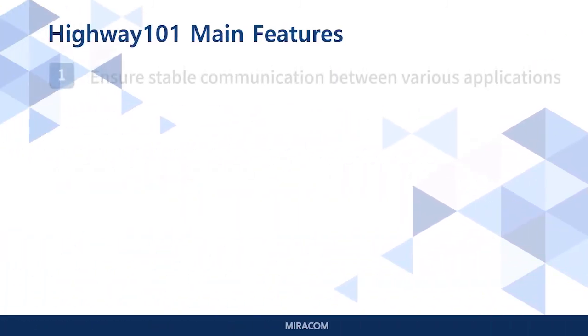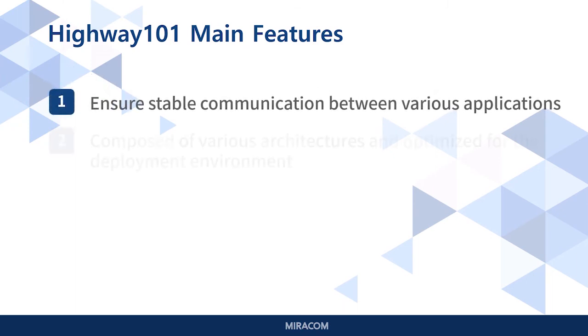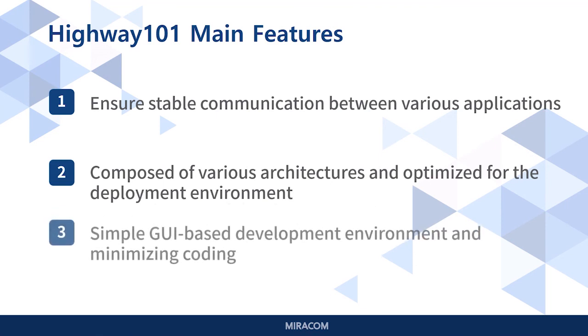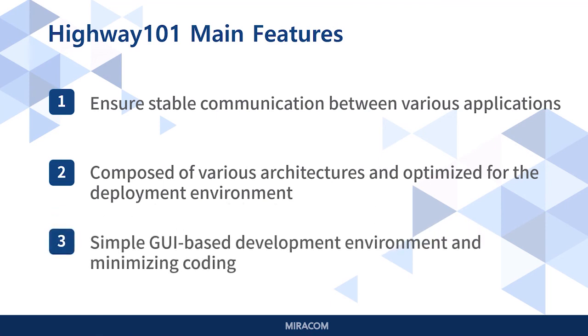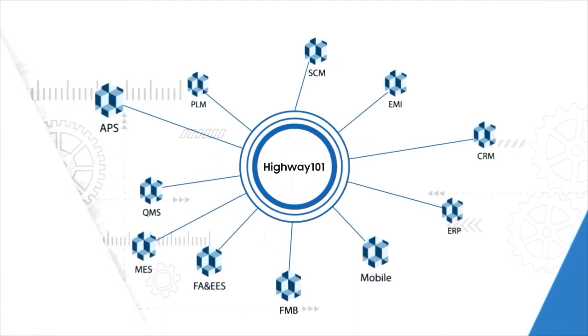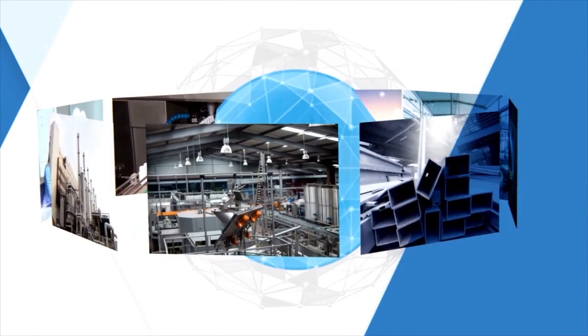Highway 101 is a middleware-based structure that consists of various architectures and implements a system optimized for the deployment environment, and it increases development productivity by the simple GUI-based development environment and minimizing coding. Highway 101 maximizes corporate information activities by linking and integrating various data or applications.